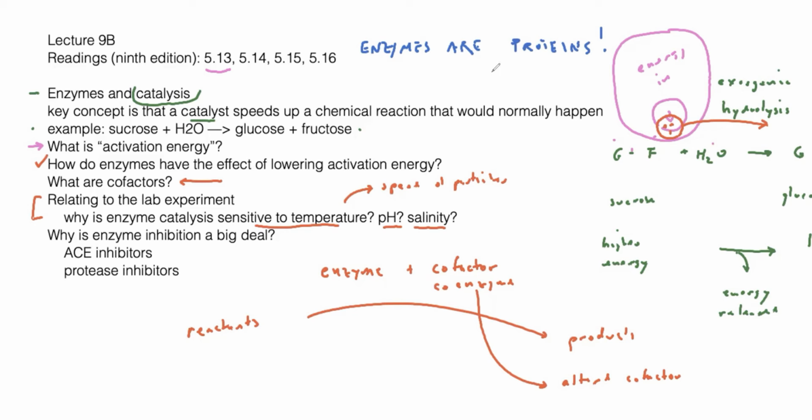If you were to increase the temperature too much, you might actually cause the protein to denature. Similarly, if you were to alter the pH too much, you could cause the protein to denature.